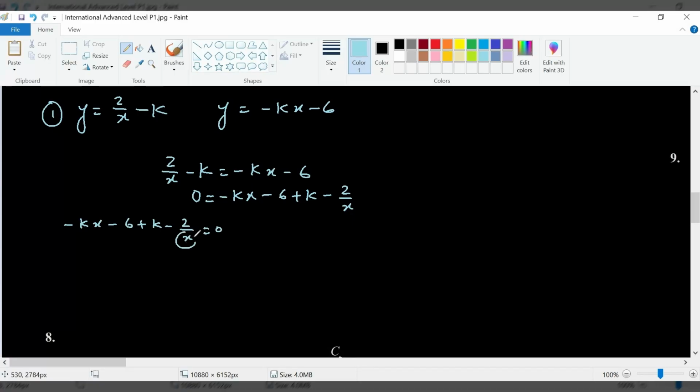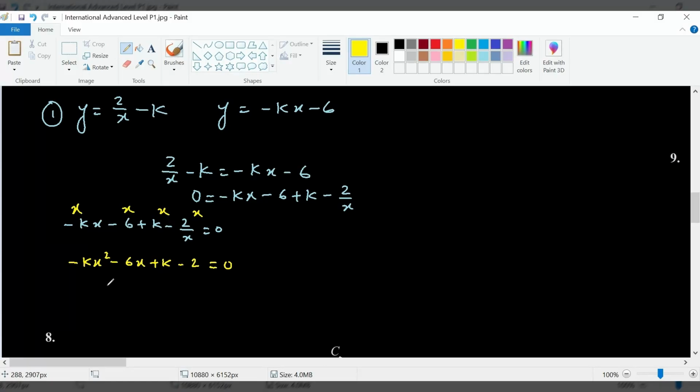I need to get rid of this x as a denominator, so I multiply everything by x. Once I multiply everything by x, I get rid of this denominator. So this is going to be negative kx squared minus 6x plus k minus 2 equals 0. Now, in the middle, I can see there are 6x and plus k.